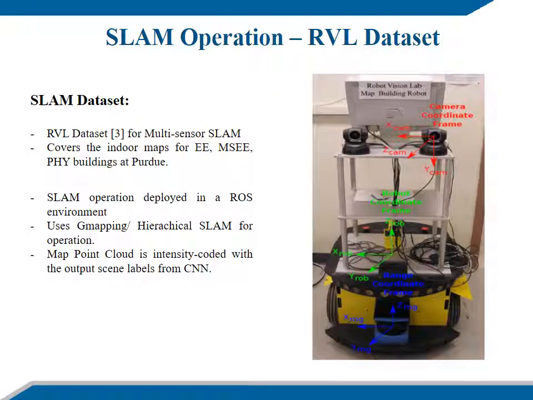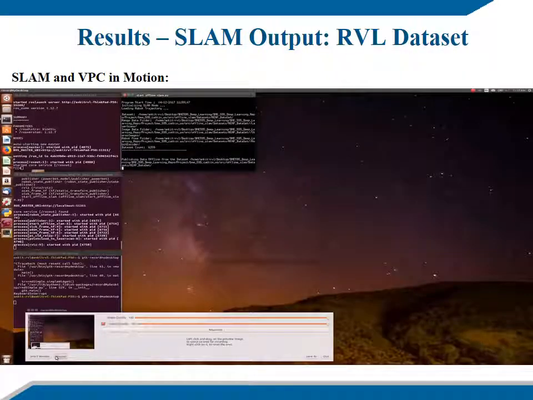For the final two-tier classifier, we made use of the RVL dataset, which consists of SLAM reconstructions of the EE, the MSEE, and physics buildings at Purdue University. And here is the entire system in action.